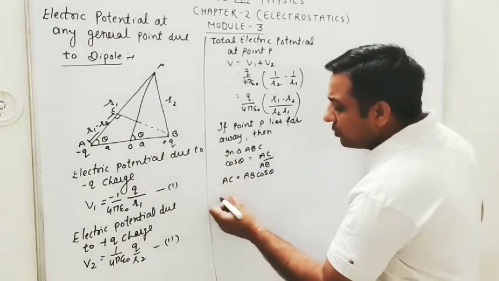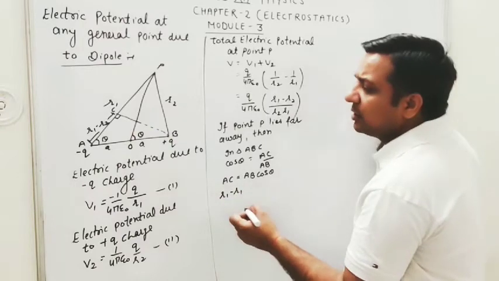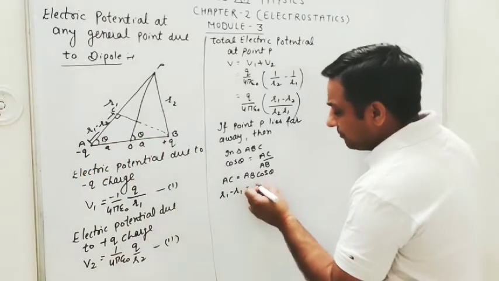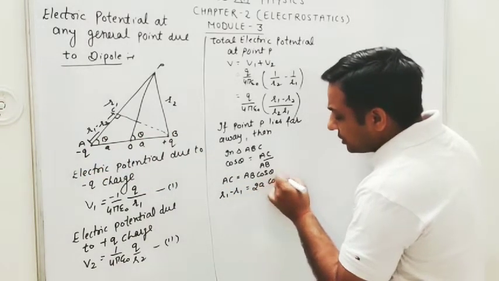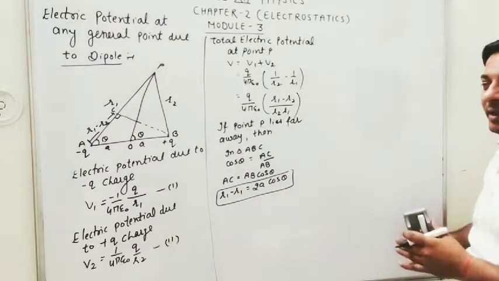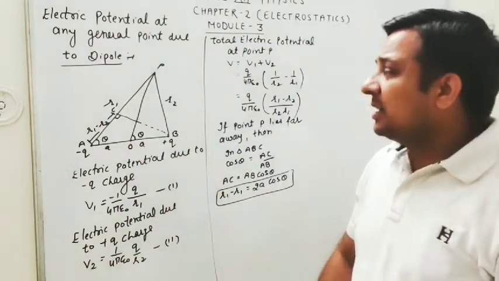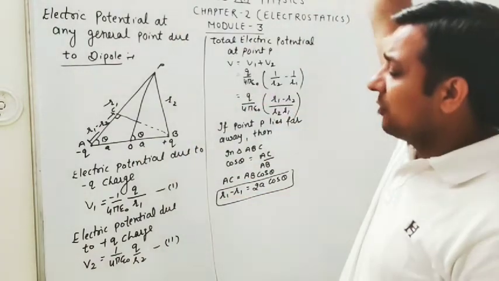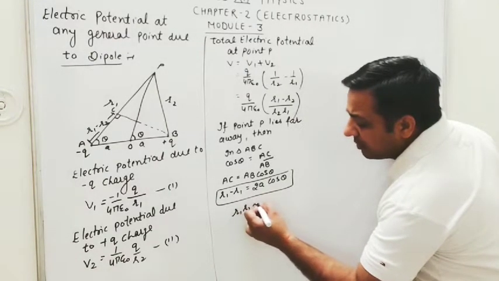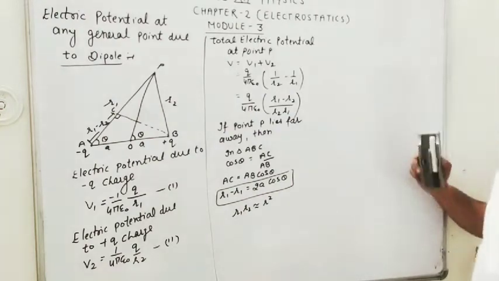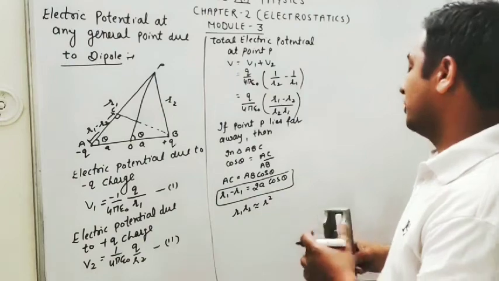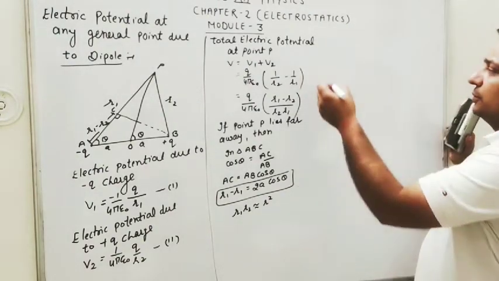AC is equal to R1 minus R2, and that is equal to AB, AB is 2a, so 2a cos theta. And dear friend, when this point lies at a far distance, R1 R2 is almost equal to R square, because they lie at a far distance point.